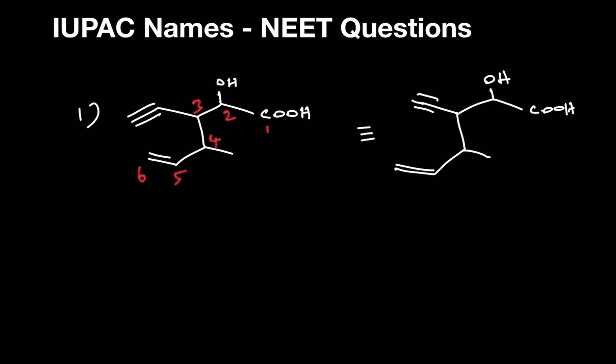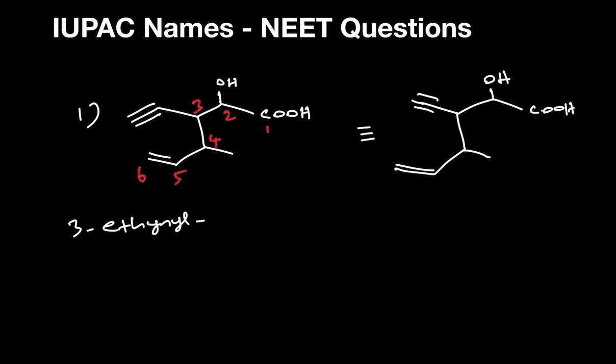So the IUPAC name for this is 3-ethynyl. You can either mention it as 1-ynyl or directly ethynyl. We have a 3-ethynyl group. Remember, we have hydroxy, ethynyl and methyl in alphabetical order.